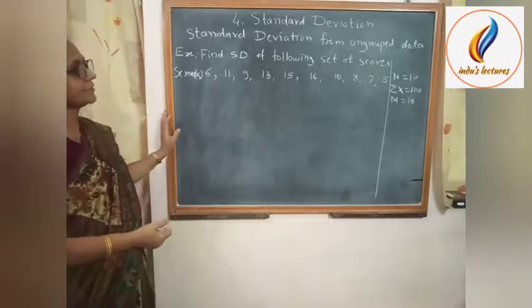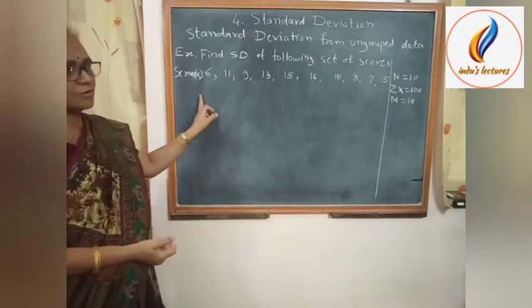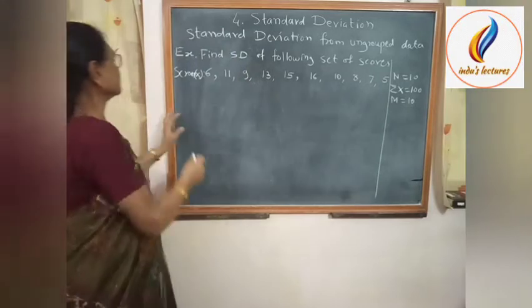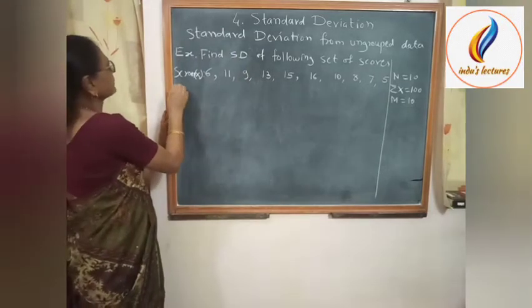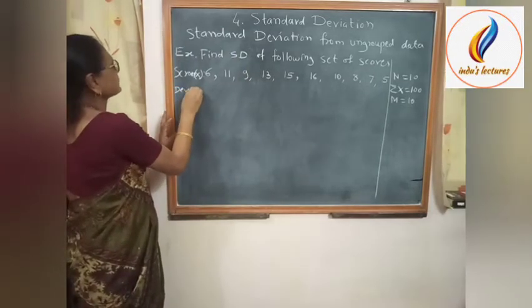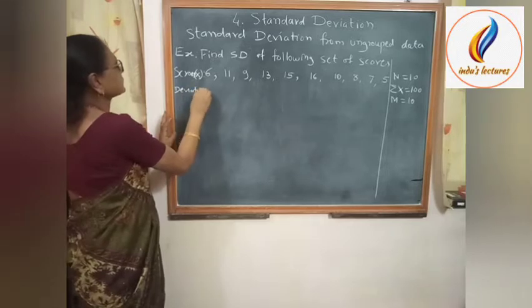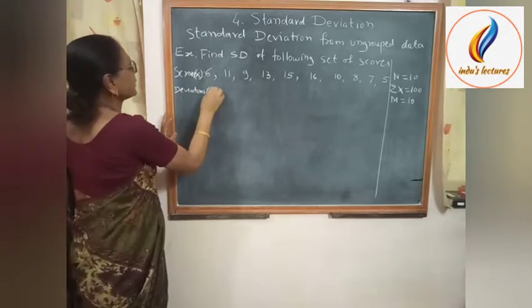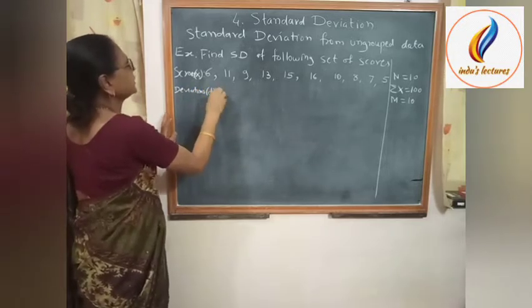Now take the deviation of each score from the mean. We write it shortly as d.